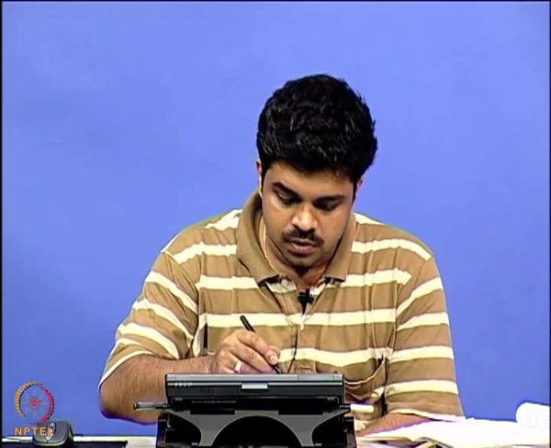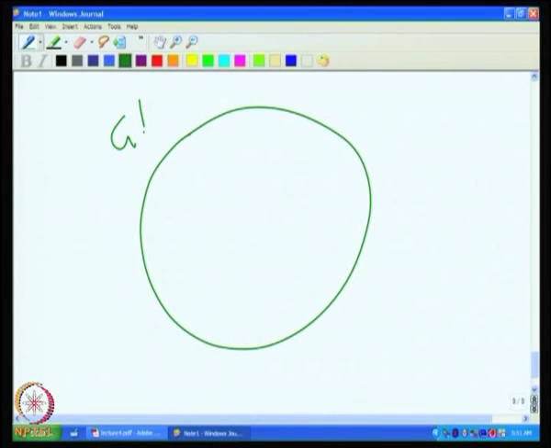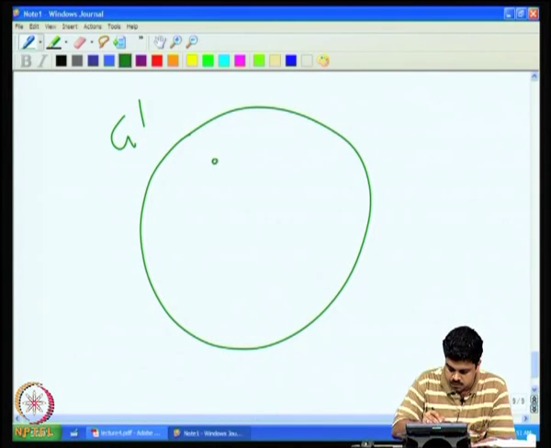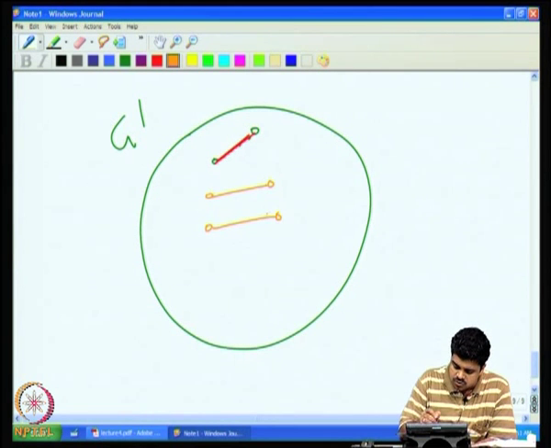In other words, if this is the edge maximal graph G dash, and you just add an edge, suppose you decide to add this edge, then immediately you can see that a perfect matching comes, which means that there was already some matching which was just one less than a perfect matching.